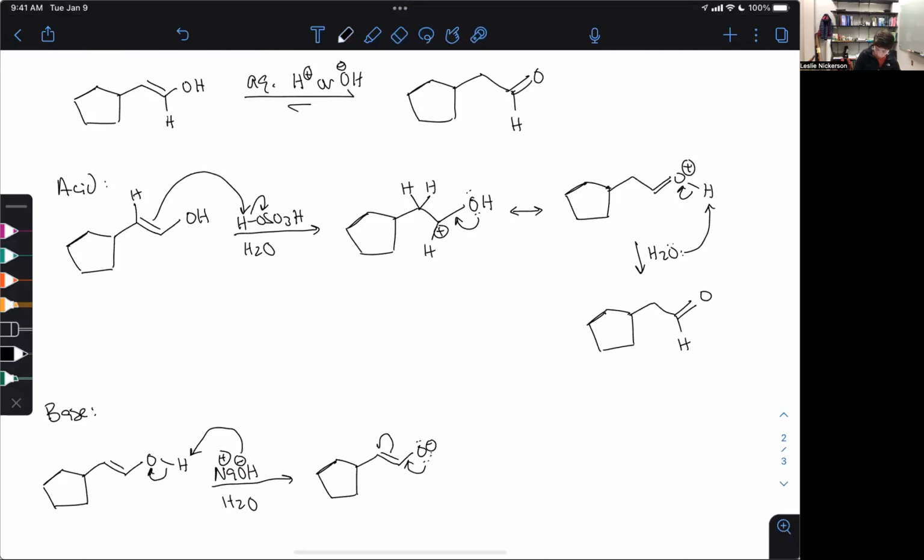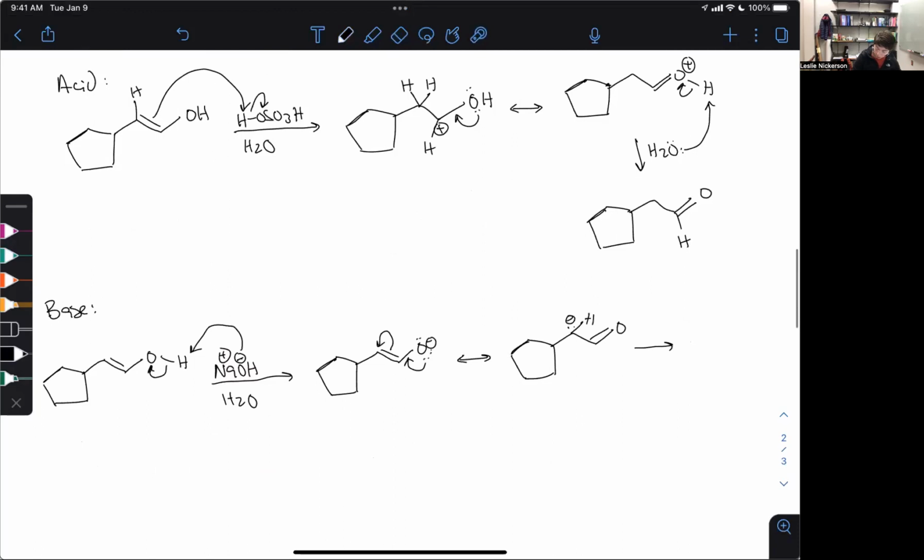I can draw a resonance structure just to guide me where I need to be going here. Okay, so then I've got my negative charge on my carbon. I can go ahead and protonate that with water, and then I again get to my aldehyde.